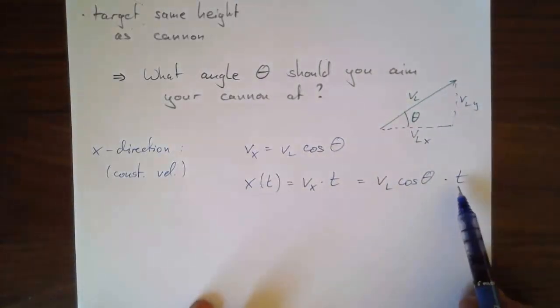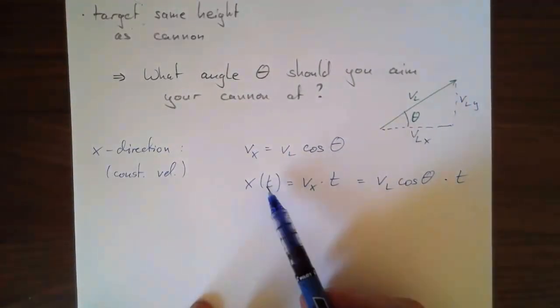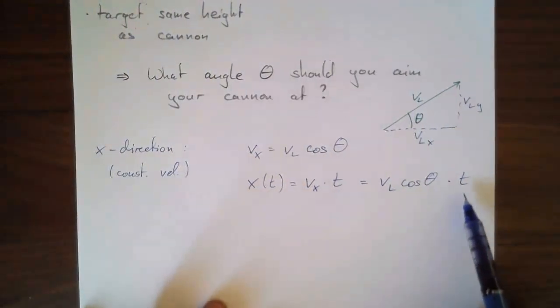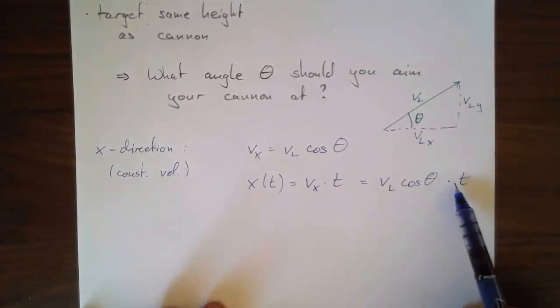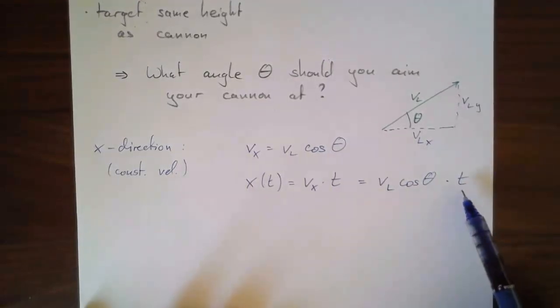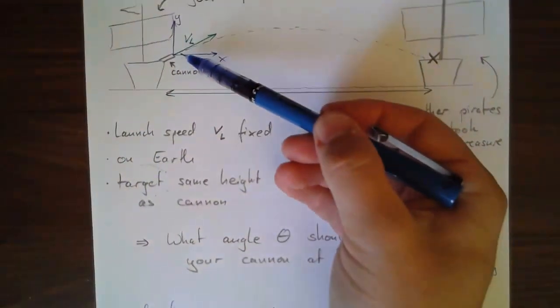Okay, t is for any t right now. This expression, give me any t. Oh, 3 seconds? Okay, I can tell you the x position of the ball at the time 3 seconds. I haven't said this: we're going to assume t equals 0 is the launch. Just, again, keeps our life easy.